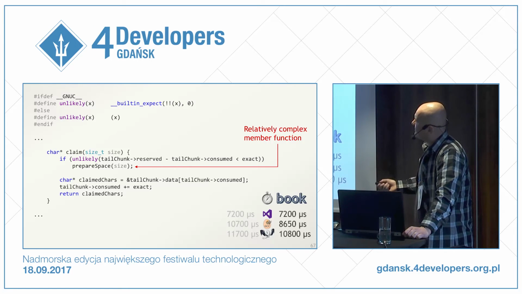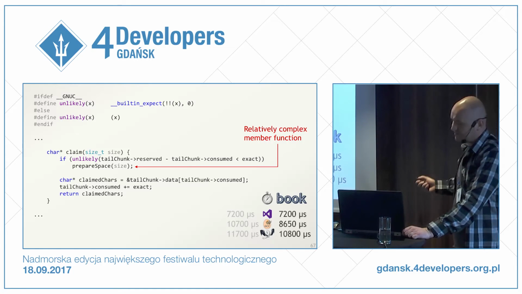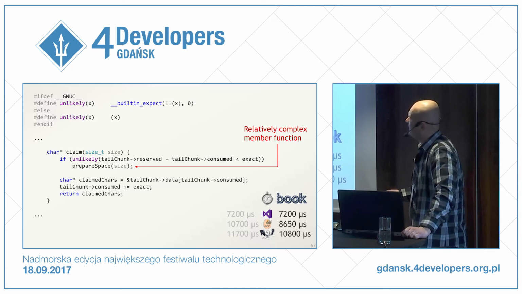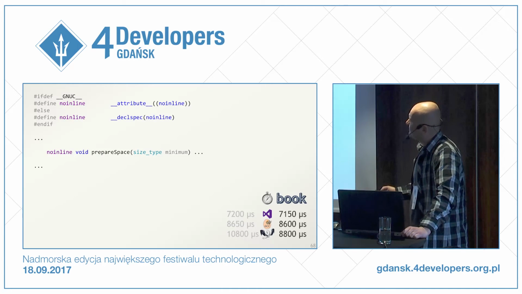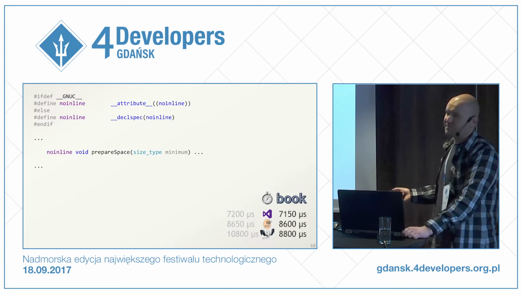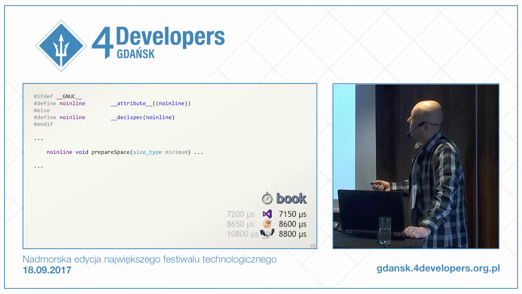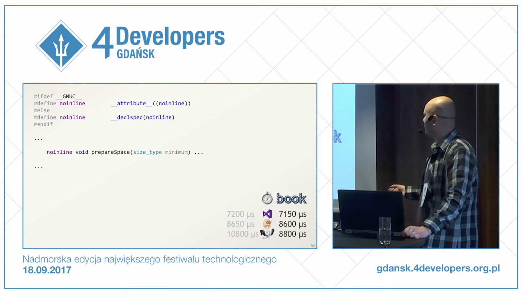As I said earlier, this function is not trivial. It's probably one screen of code. Let's try to forbid inlining of this prepare space. You can do it in both Visual Studio and GCC and Clang.